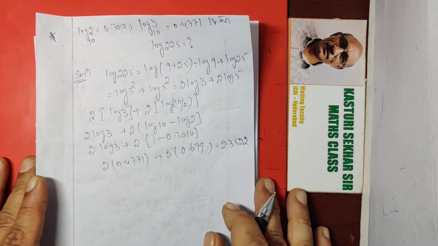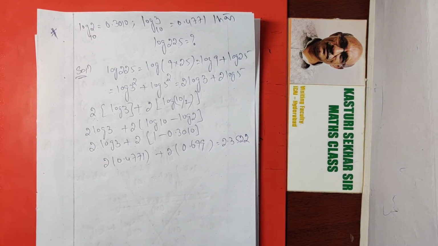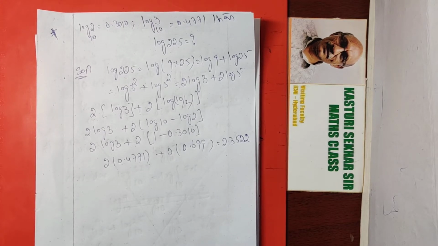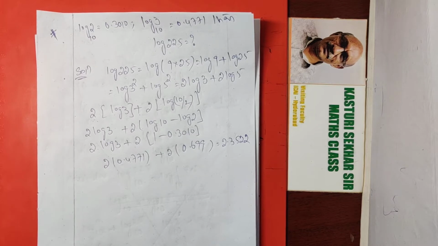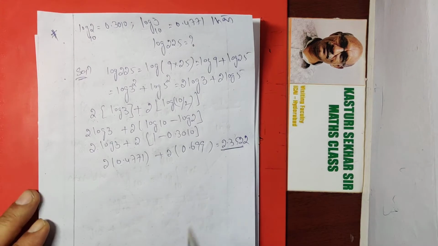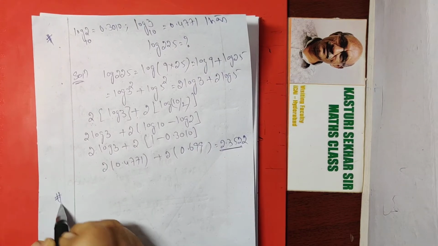Let us check these calculations once again, sir. 2 into 0.4771 plus 2 into 0.699 is 2.3522. This is the answer to this question. Next question, sir.